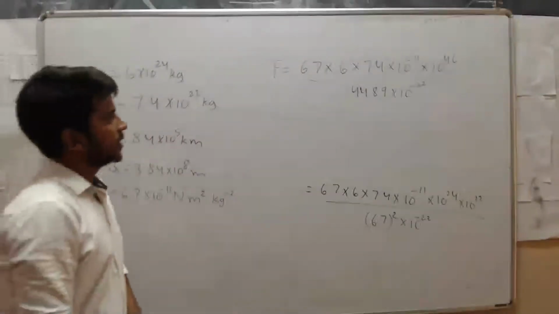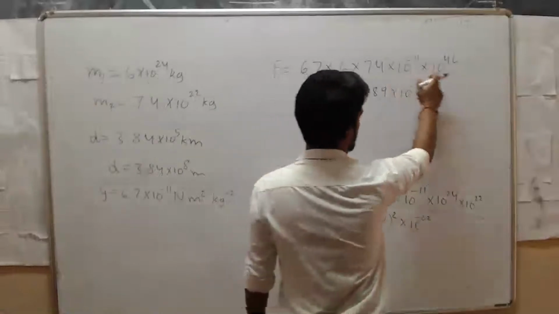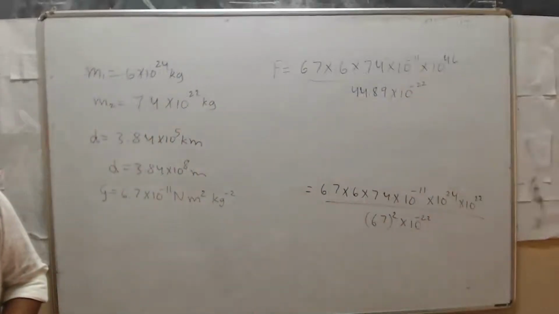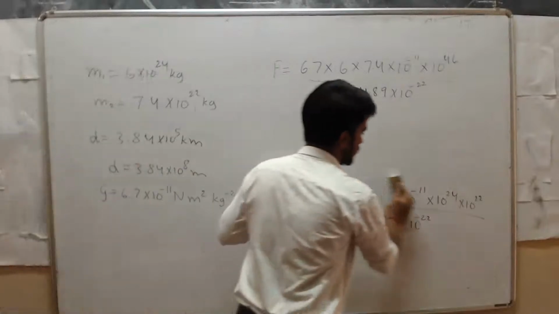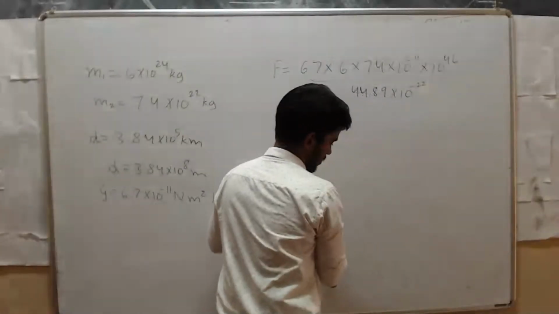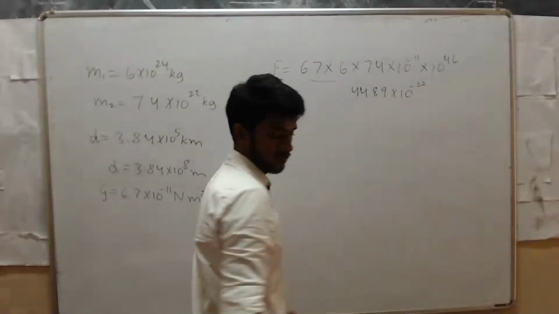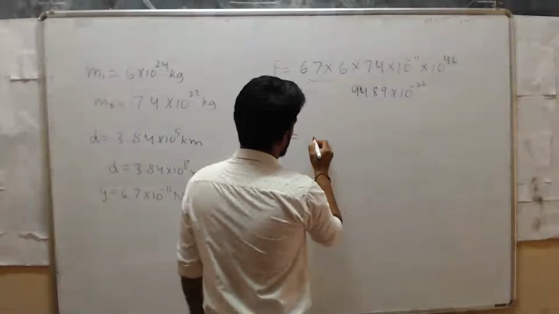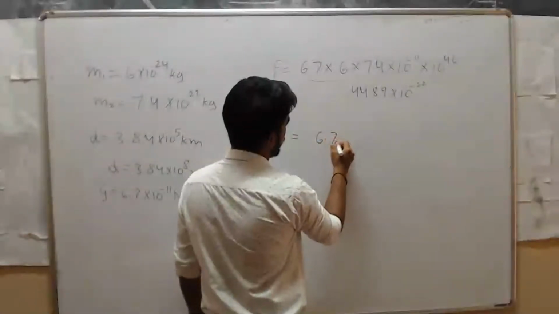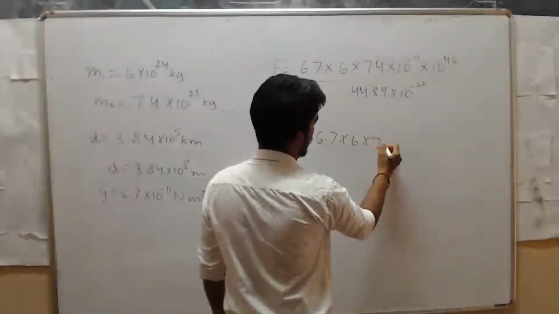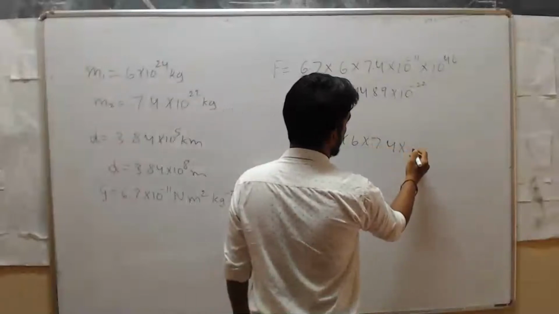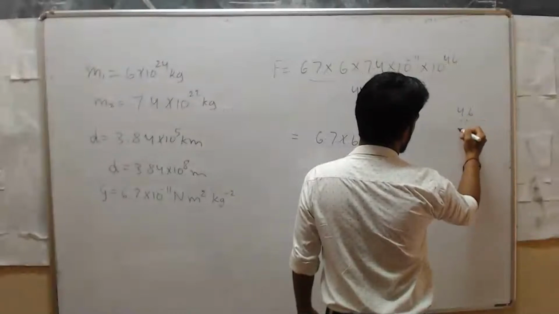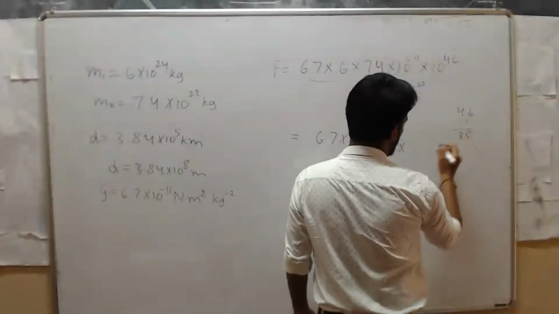Okay. Next. Now operate these two. 6.7 into 6 into 7.4, and now here minus 11 plus 46. So what is the answer? That is 35.